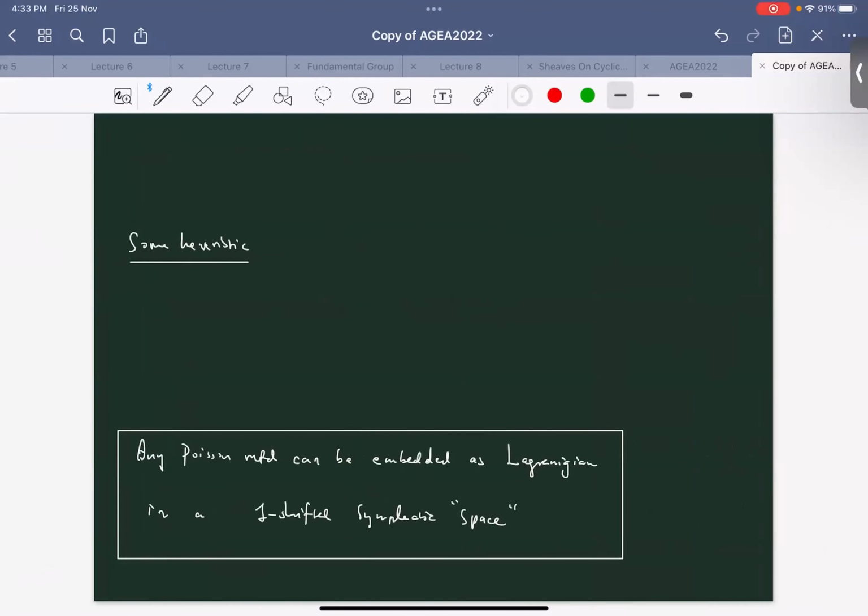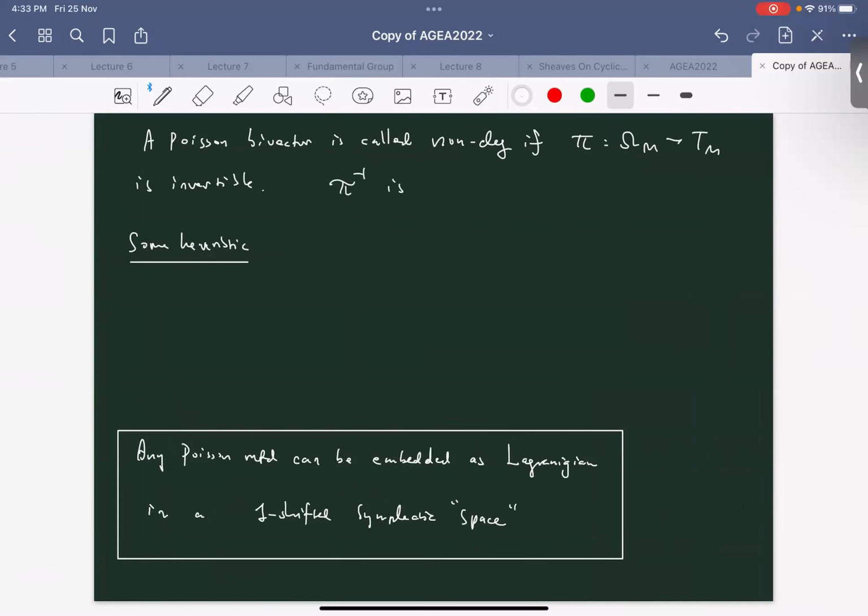Okay. So let me now make a definition to link to the symplectic geometry. A Poisson bivector is called non-degenerate if this map pi from omega_M to T_M is invertible. So in this case, we can take the inverse.